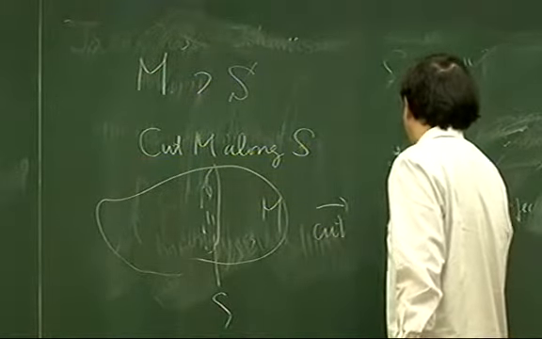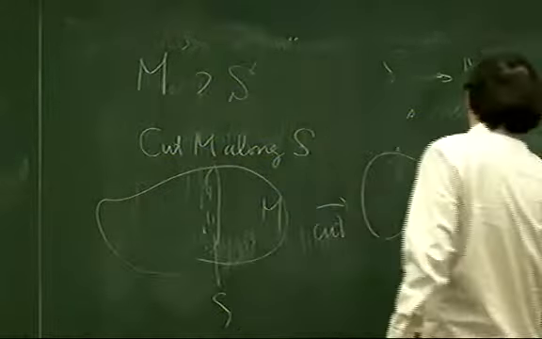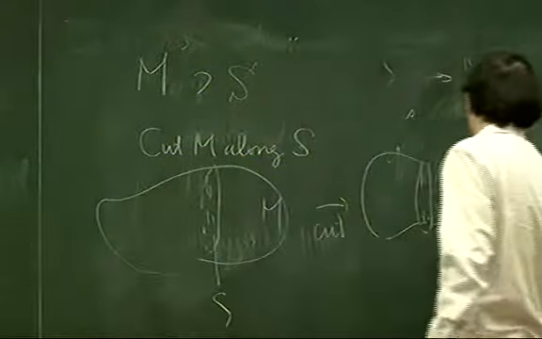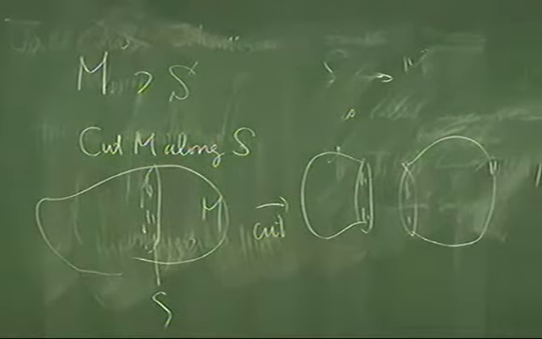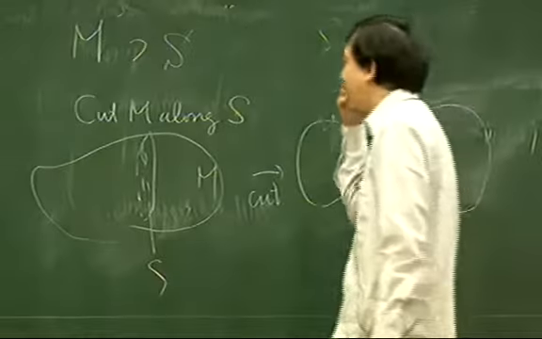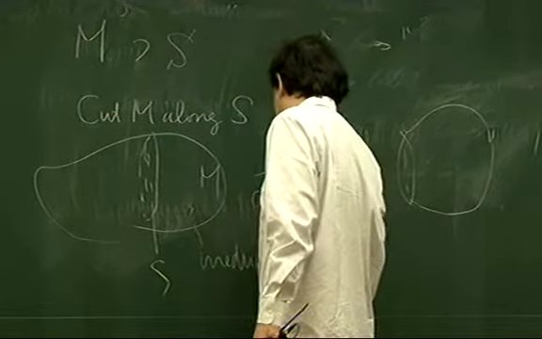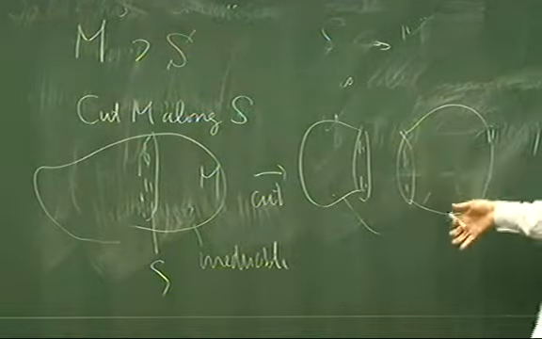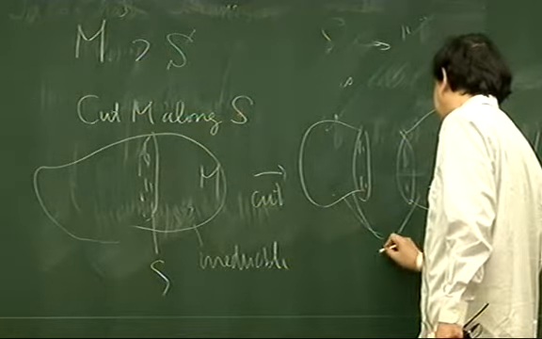What you get might be connected or disconnected. But anyway, you get some new compact 3-manifold by this operation. And, well, it is easy to see that if M is irreducible, then the manifold obtained by cutting along S is also irreducible.